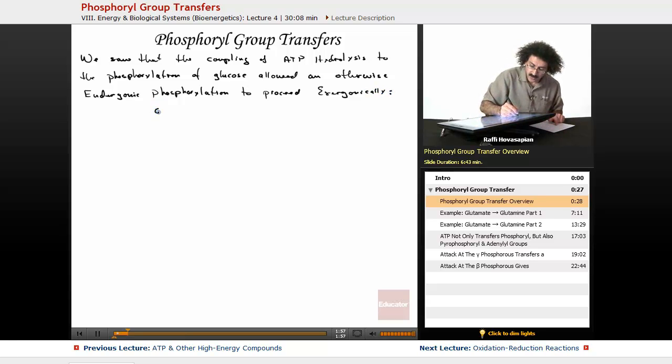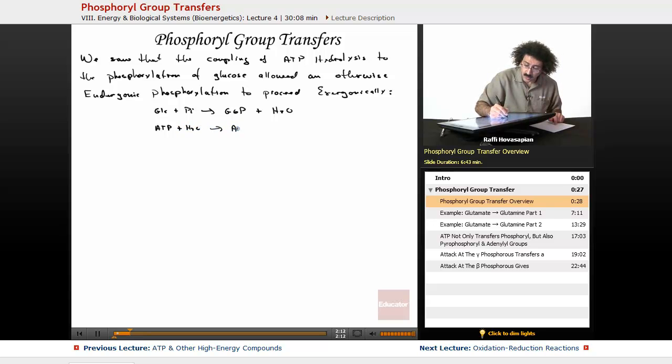Right? We had GLC plus Pi going to G6P plus H2O. And of course we had the ATP hydrolysis, which was ATP plus H2O going to ADP plus the Pi.